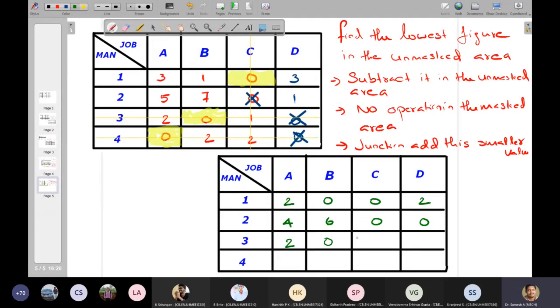So this row is 0, 2, this becomes 3, and this remains as 0.